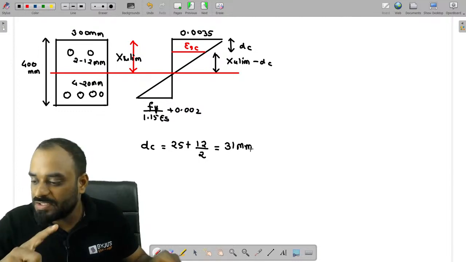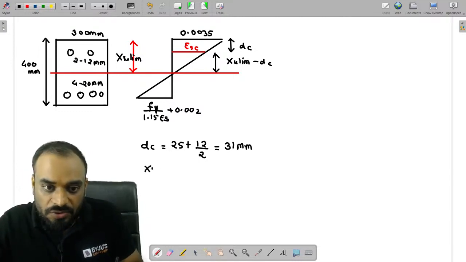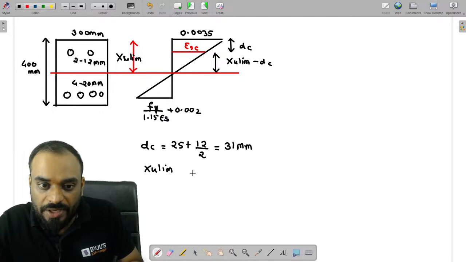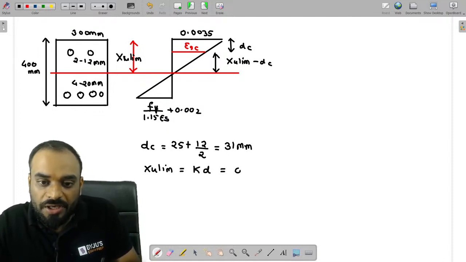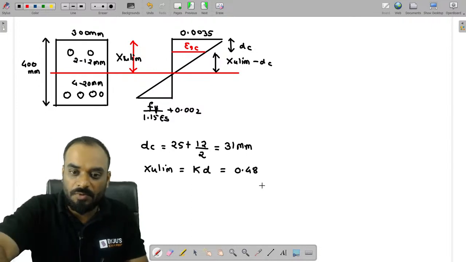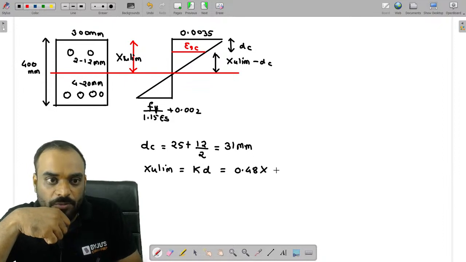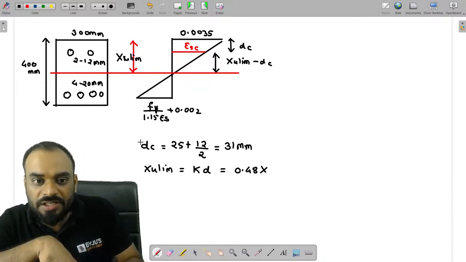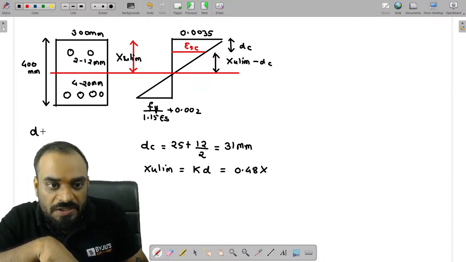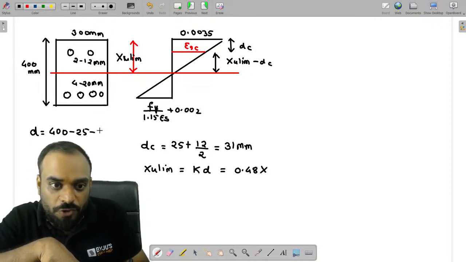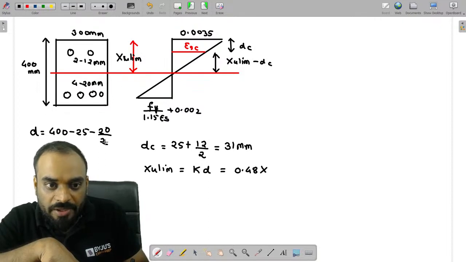Now what is the value of xu limiting, guys? Can I say that it is k into d? So what is the value of k? It is 0.48, in this case Fe415. Multiply by small d. Small d is equal to how much? Let's calculate the small d value. Small d is equal to overall depth, which is 400, minus clear cover 25, minus diameter of tension reinforcement divided by 2, 20 divided by 2.